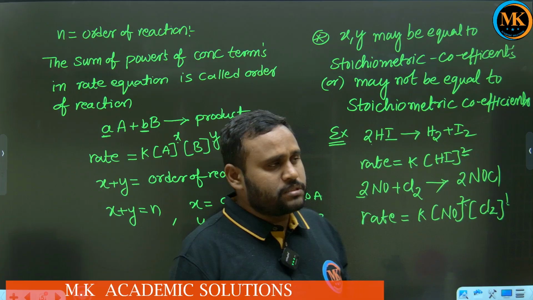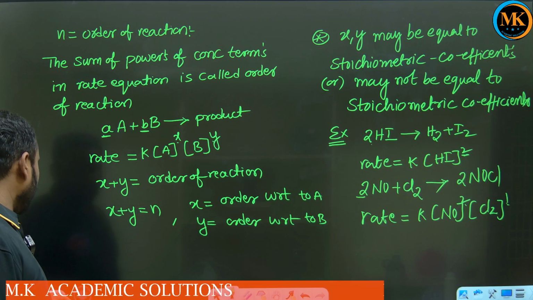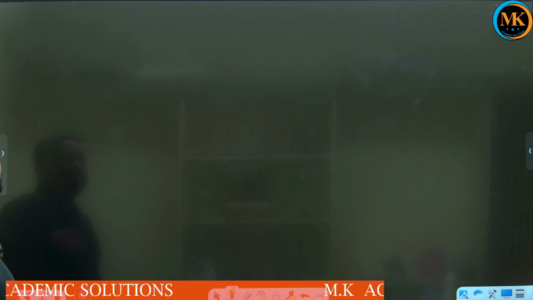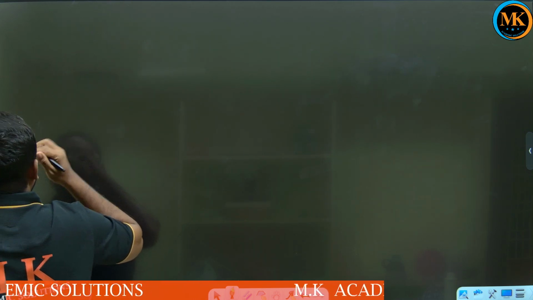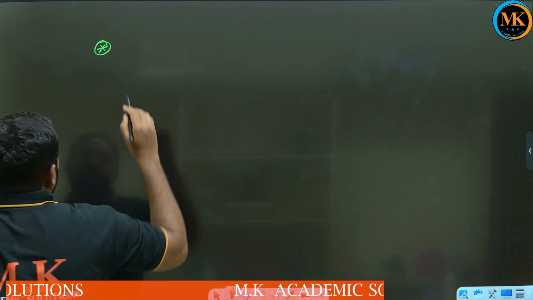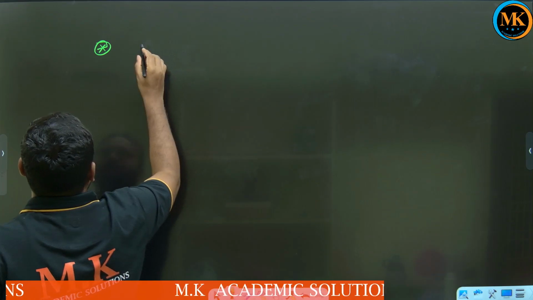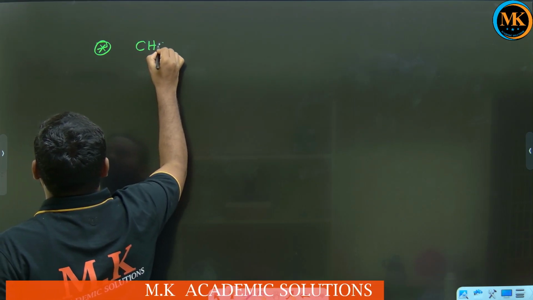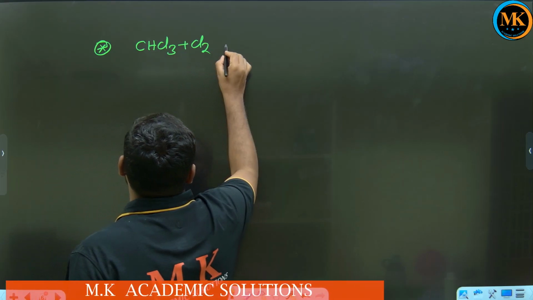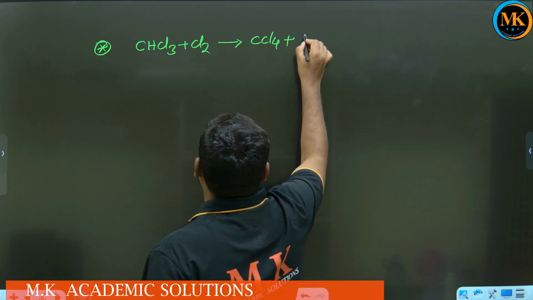Okay. So in these reactions the power values are equal to what? Stoichiometric coefficients. And let us take some more examples in which the power values are not equal to stoichiometric coefficients. Take this: CHCl3 plus Cl2 gives rise to CCl4 plus HCl.